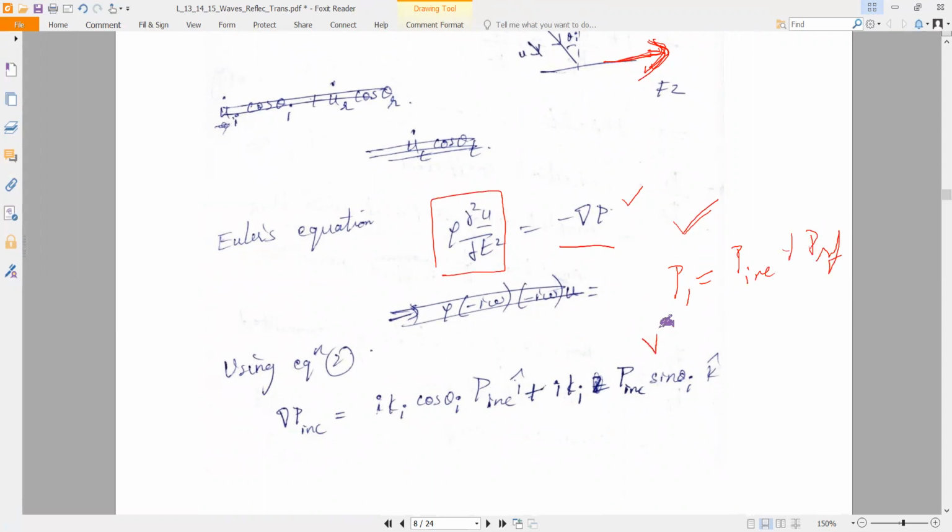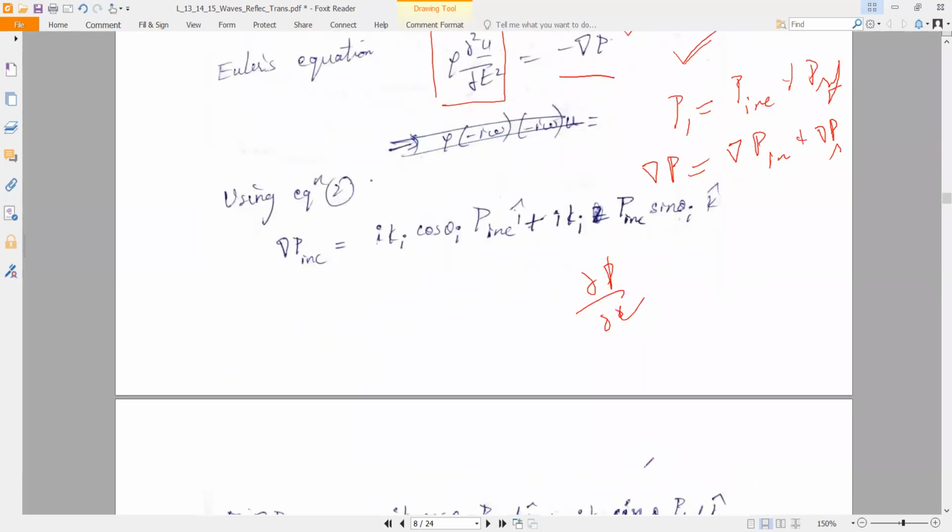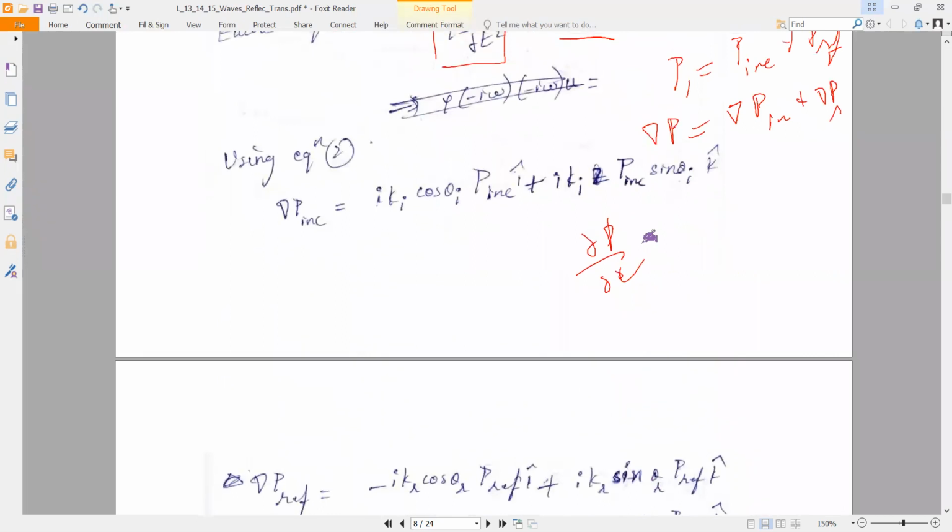Which means when I have to take the gradient of P, I need to take the gradient of P incident plus the gradient of P reflected. What is the gradient of P? Dou P by dou X i hat plus dou P by dou Z k hat. Here we are using the X and Z coordinate system. This is nothing but grad P, right?